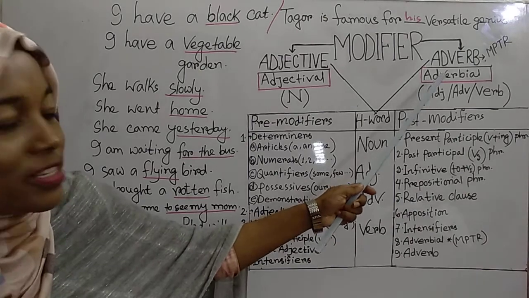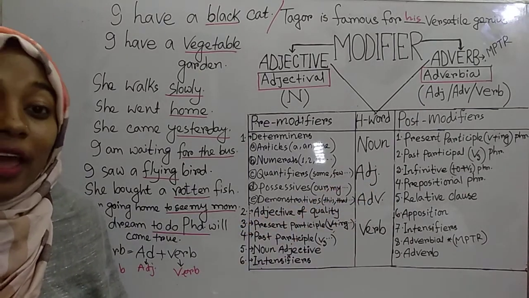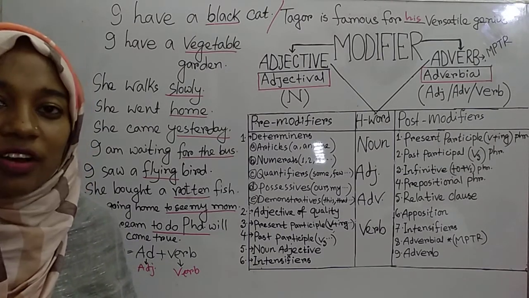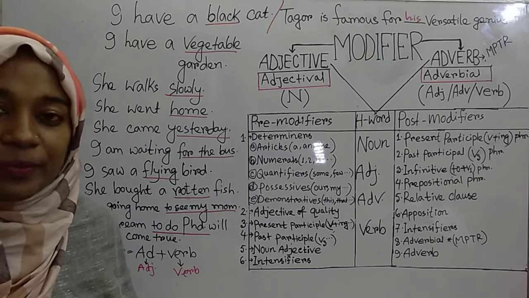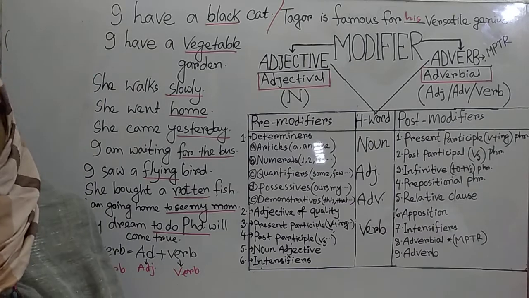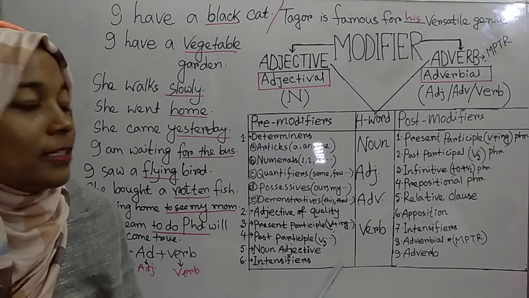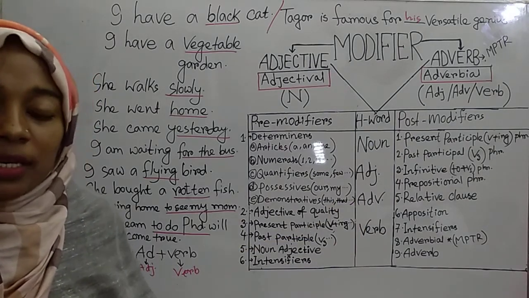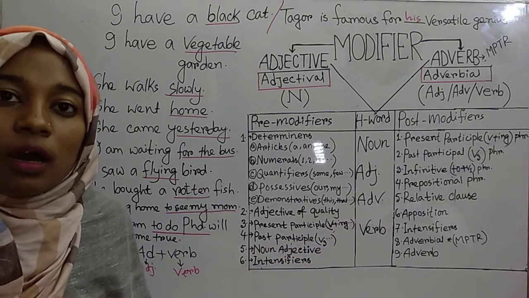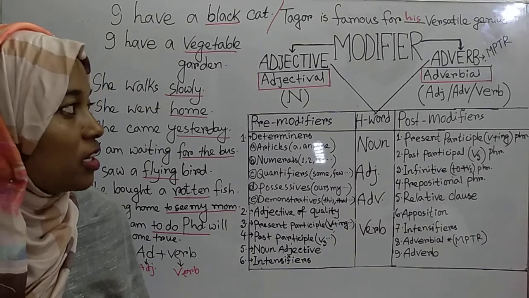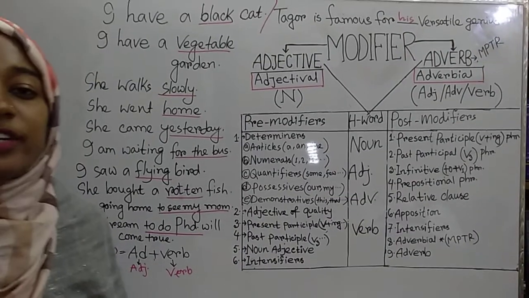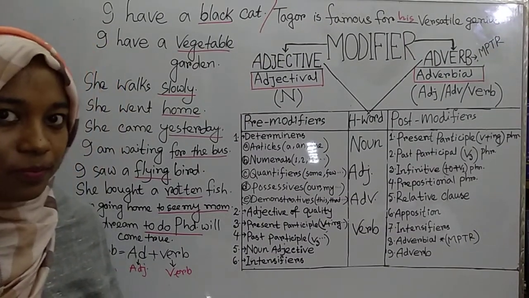Now, what is adverbial? Whatever does the function of an adverb is called adverbial. Could you remember the definition of adjectival? Just like adjectival, when some words are not adverb by form but do the function of an adverb, it is called adverbial.